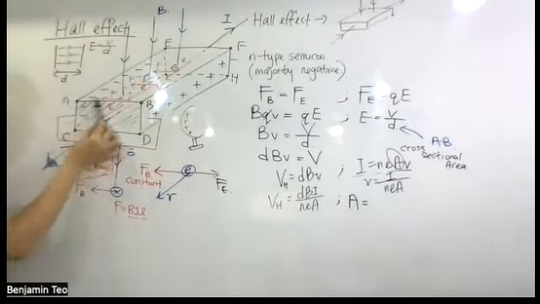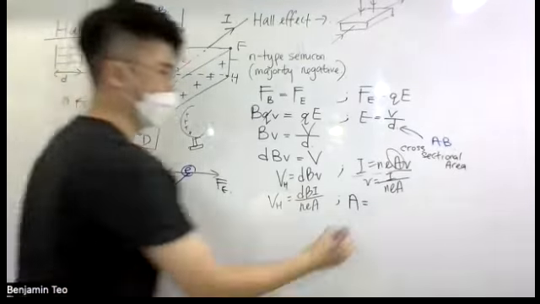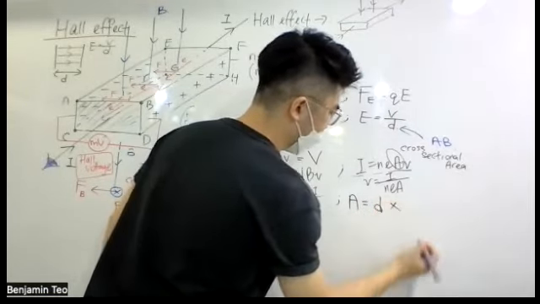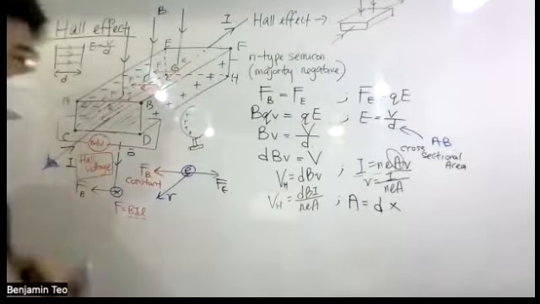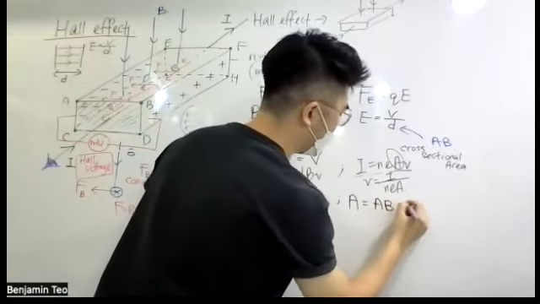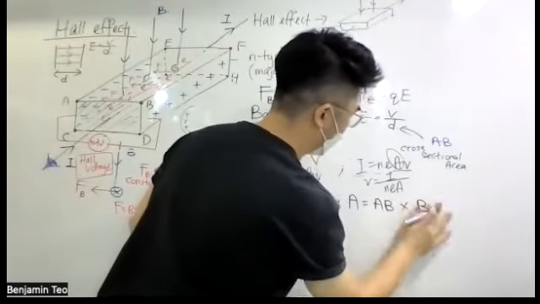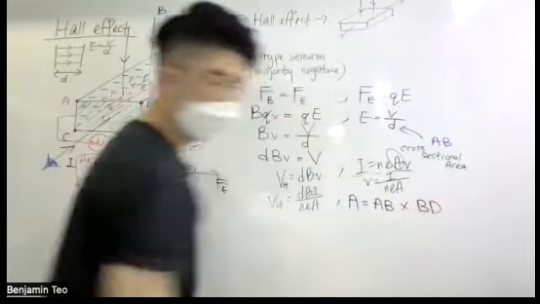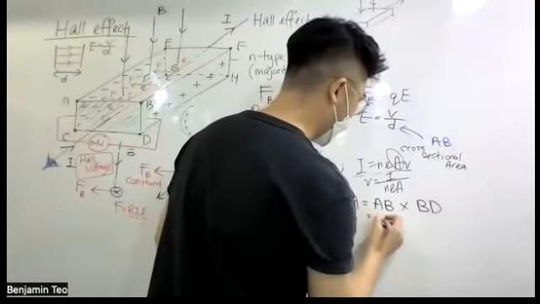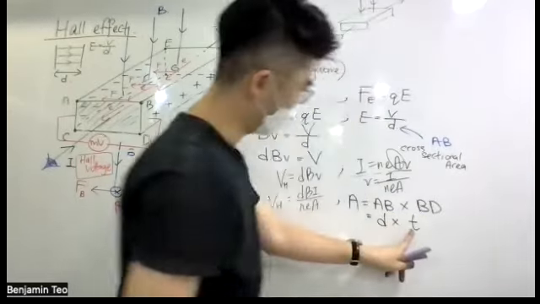So area here is AB times BD. D times BD, we assign a parameter, we call it thickness.